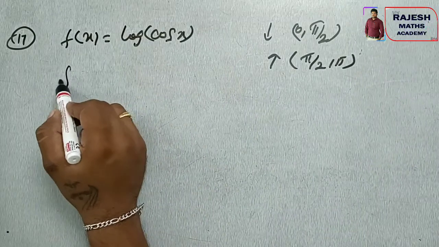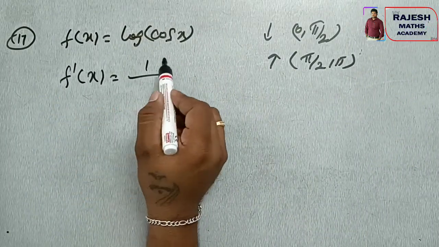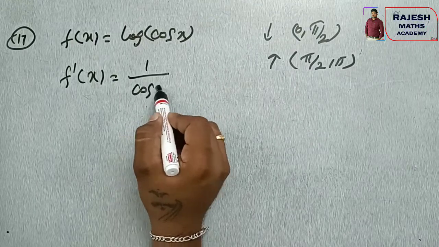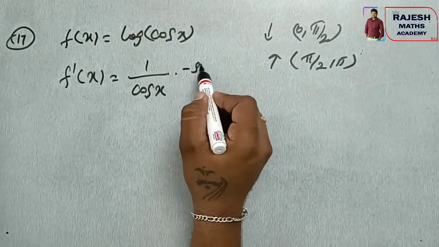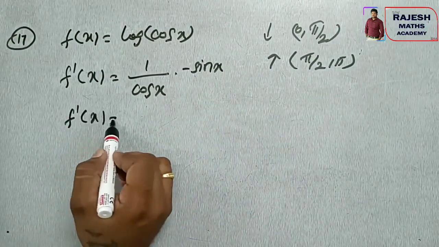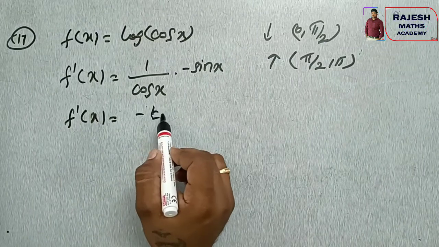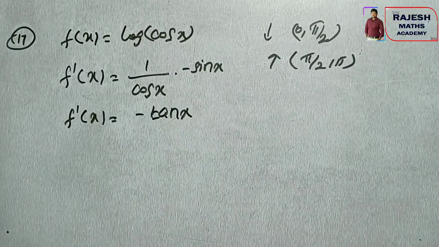Now what is the value of f dash of x here? As in the previous question, 1 by cos x, the differentiation of log x being 1 by x. Then the differentiation of cos x is minus sin x. So f dash of x equals minus tan x.